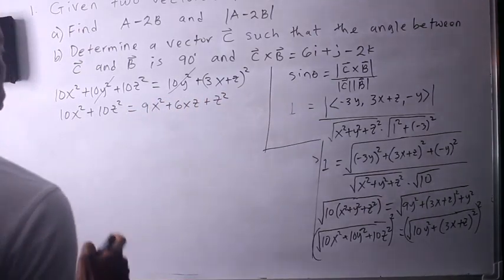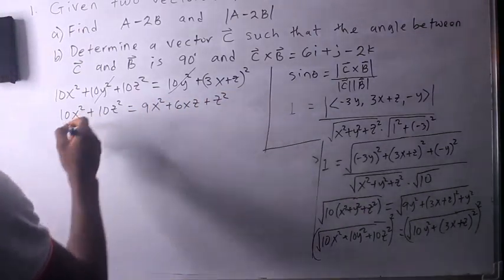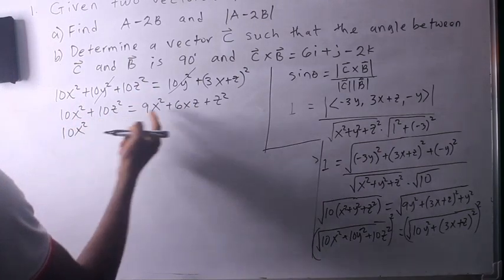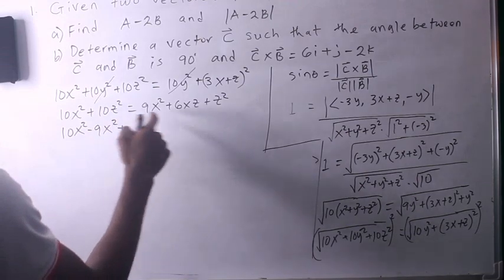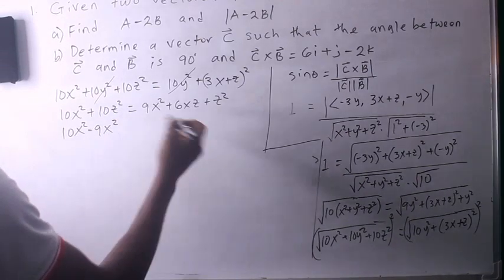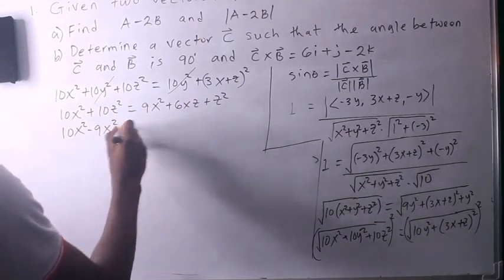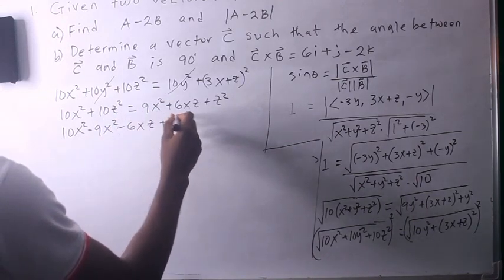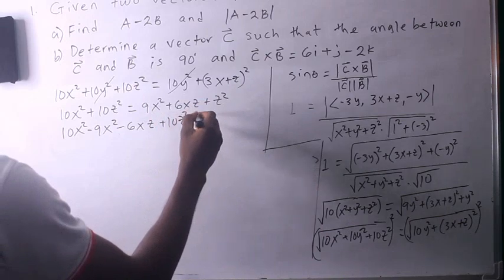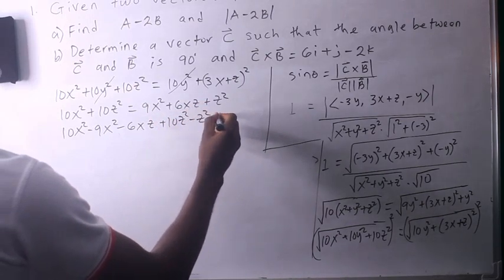Good. So we can send all of these across. 10x squared, this comes across to become minus 9x squared, plus this 6xz comes across to become minus 6xz, plus 10z squared minus z squared equals 0.